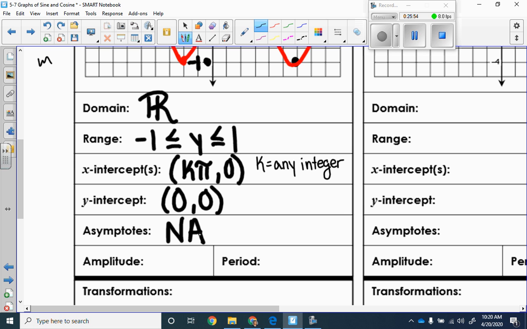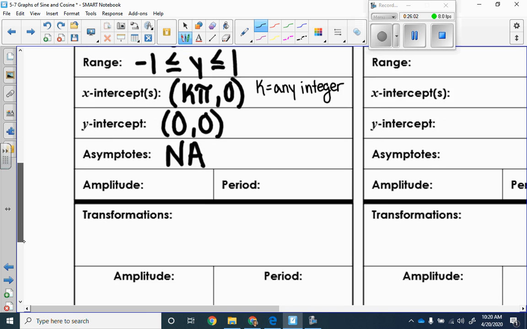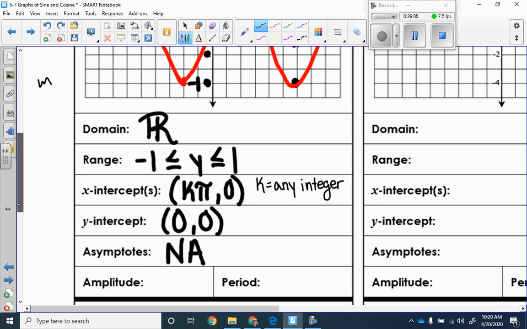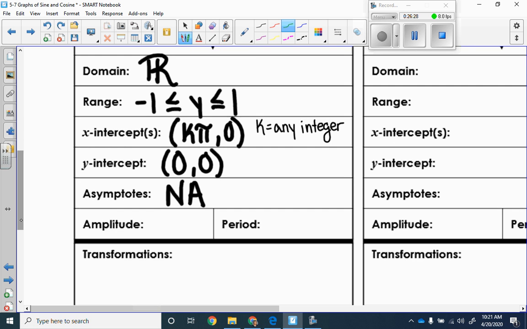We do have an amplitude. I'll go back up to the graph here, and I can get to that a little later. We do have a midline right here, and our midline is going to be at 0. The distance from your midline to that maximum right there is 1 unit, and so that is your amplitude, so that would be 1.